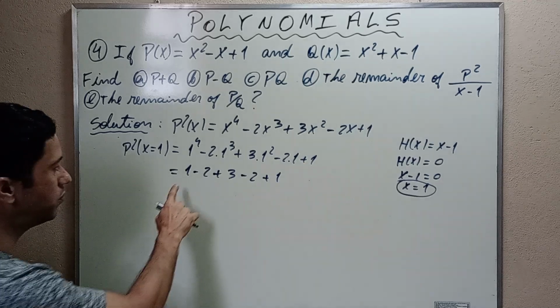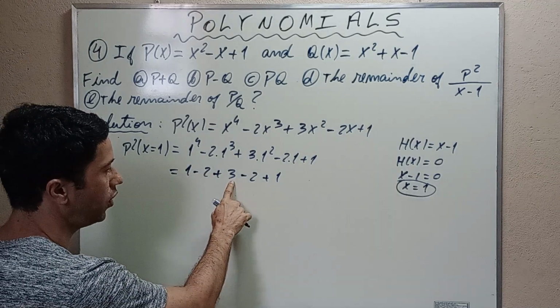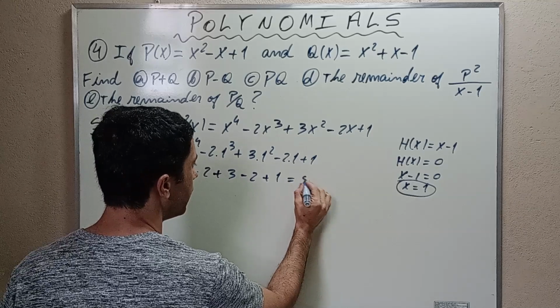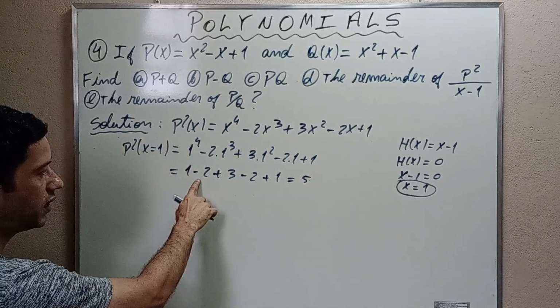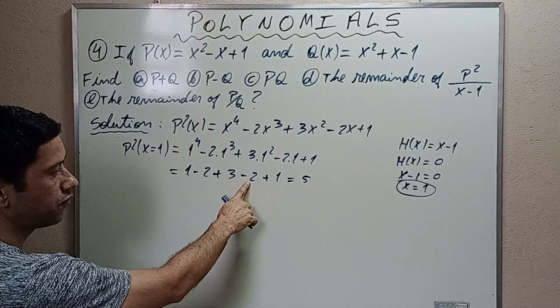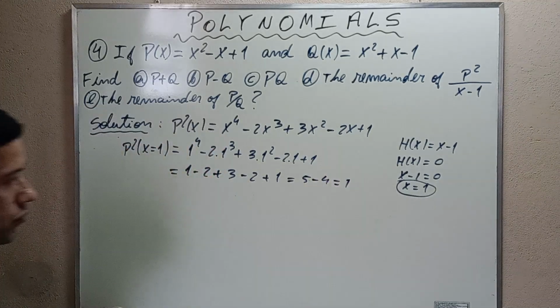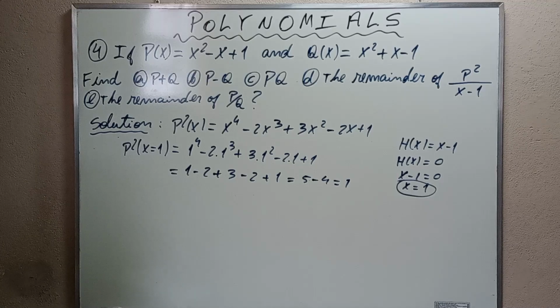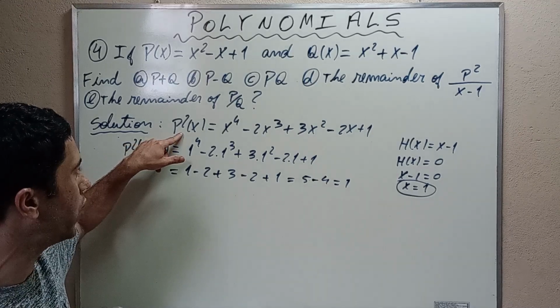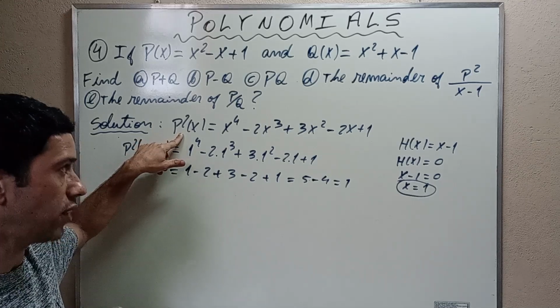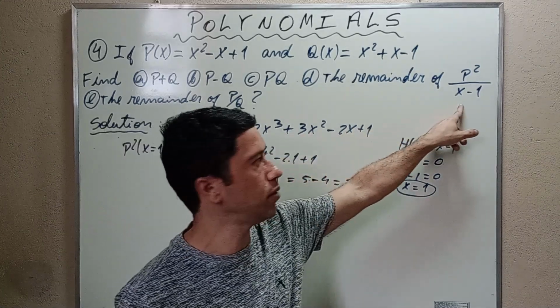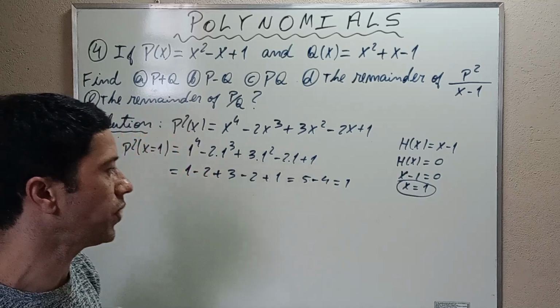Summing the positive terms, 1 plus 3 is 4, plus 1 is 5. Summing the negative terms, negative 2 with negative 2, negative 4. And this is equal to 1. Observe that they are not divisible by each other. Observe that the p squared of x is not divisible entirely by x minus 1.